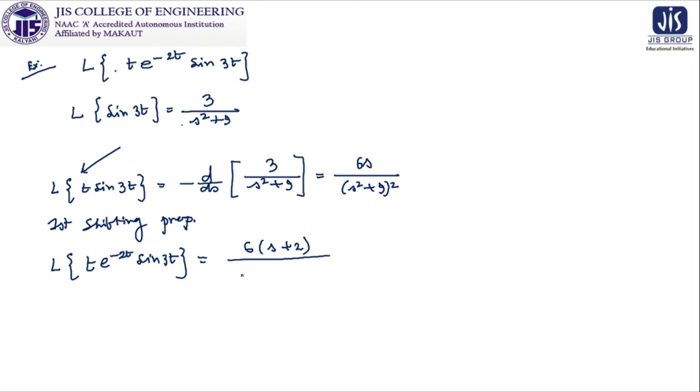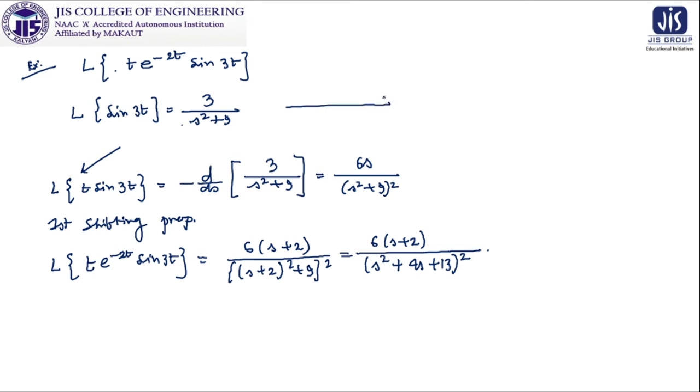Here a is minus 2, so the replacement is done by s plus 2. It will be 6(s plus 2) by ((s plus 2) whole squared plus 9) whole squared, and simplifying we get 6(s plus 2) by (s squared plus 4s plus 13) whole squared.